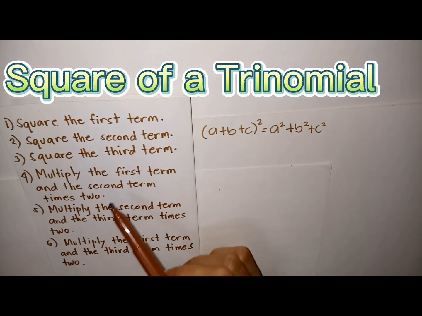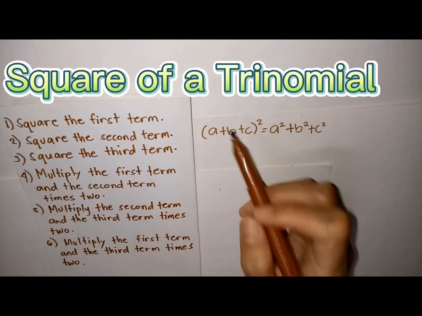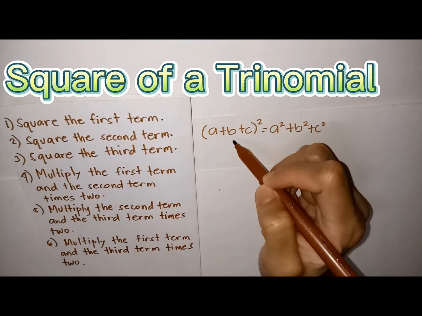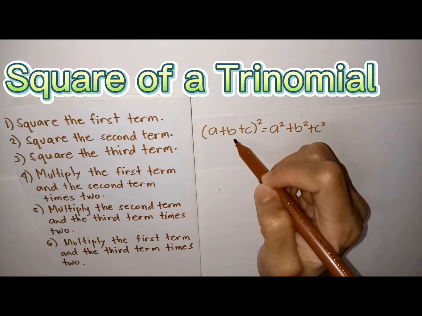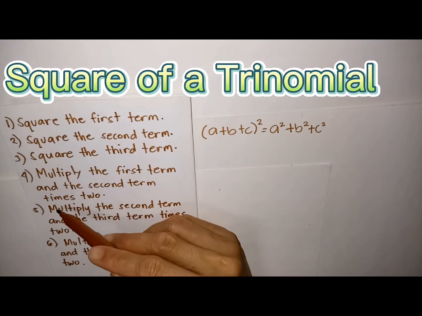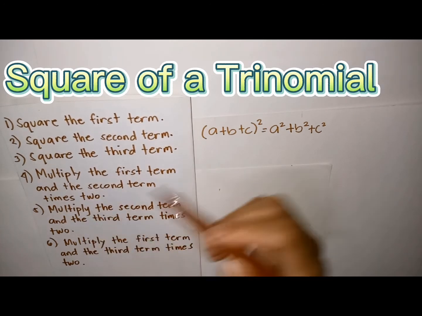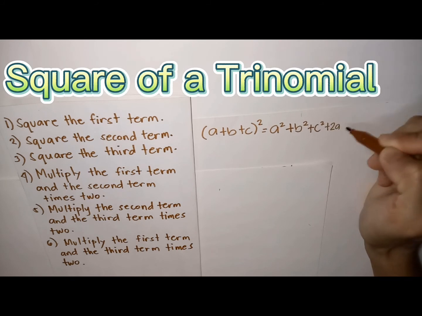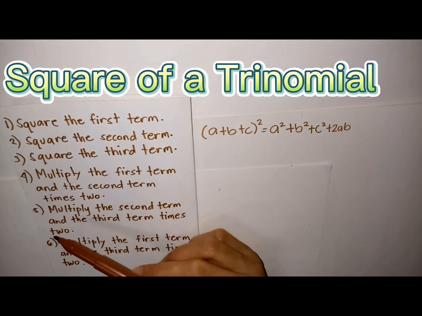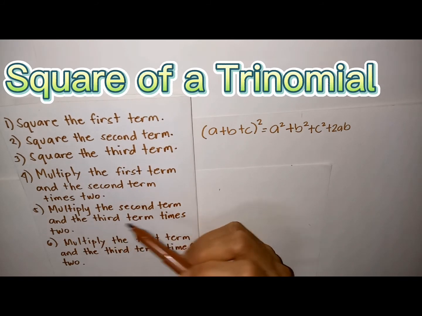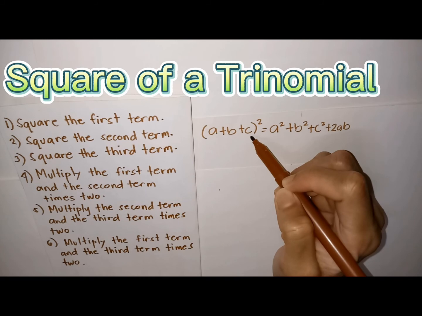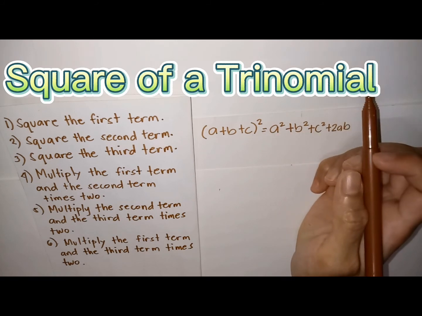Fourth step, multiply the first term. So our first term is a, and the second term. So our second term is b. A times b will give us ab. Then we have here times 2. So ab times 2, that is 2ab. Then fifth step, we have multiply the second term and the third term. So b times c times 2.